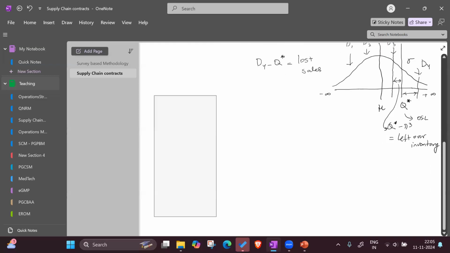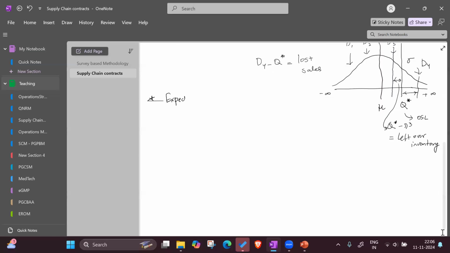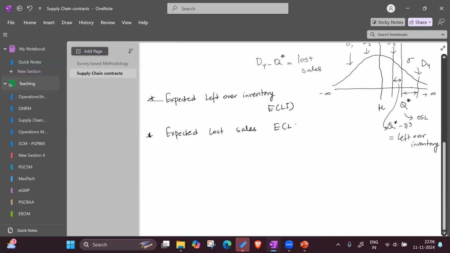We will look at different metrics. These different metrics are expected leftover inventory, expected lost sales, expected sales, your sales or your S, and expected profit.